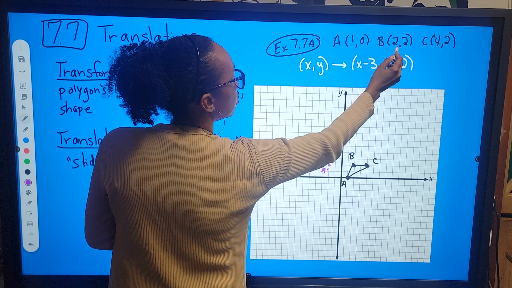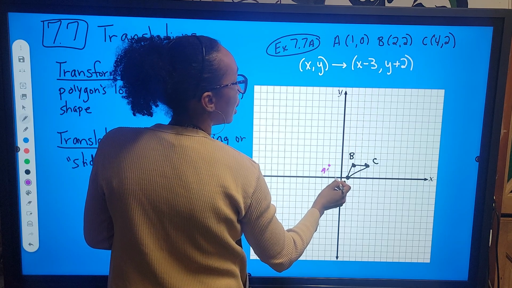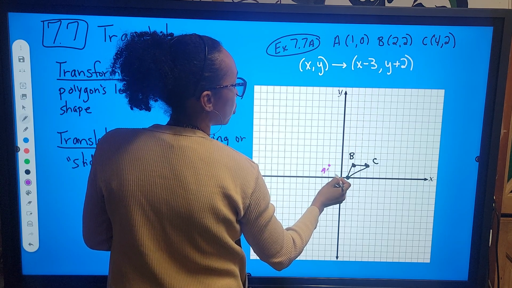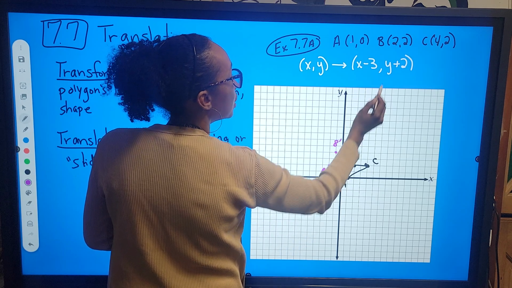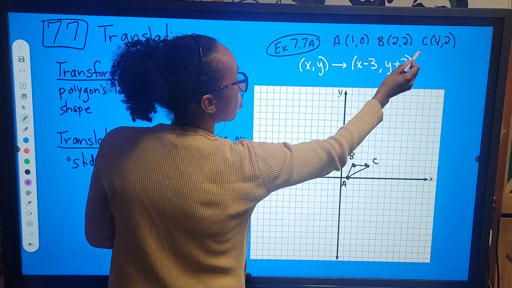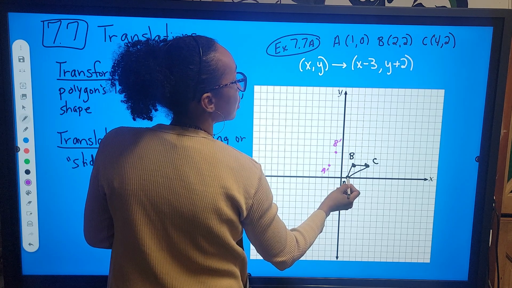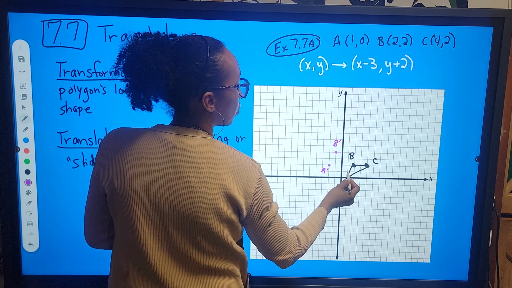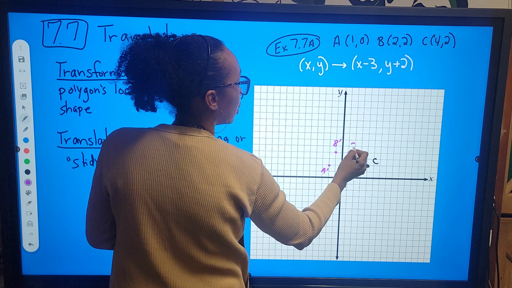And then for B, 2 minus 3 is negative 1, and then 2 plus 2 is 4. 1, 2, 3, 4. There's our second B. And then for C, 4 minus 3 is positive 1, and then 2 plus 2 is 4. 1, 2, 3, 4. All right.